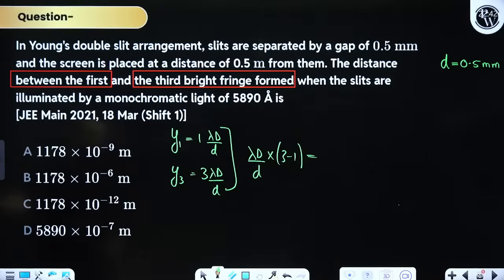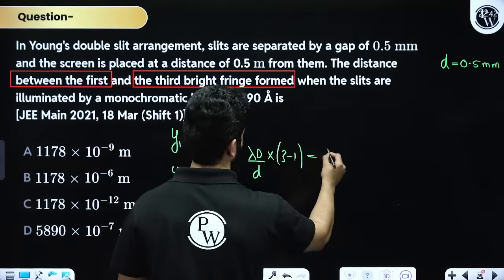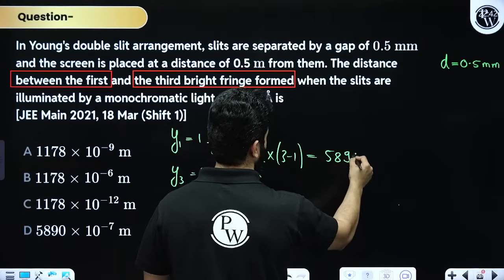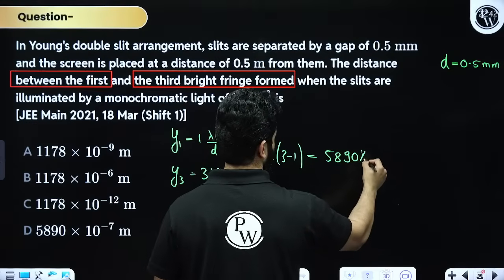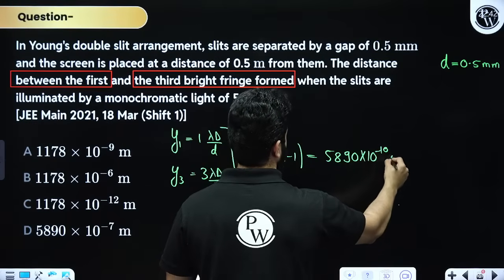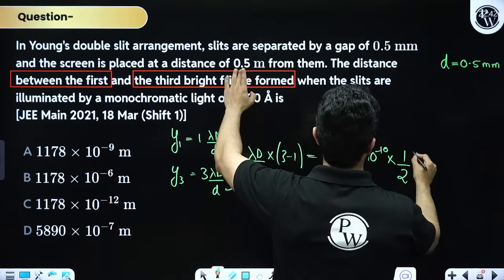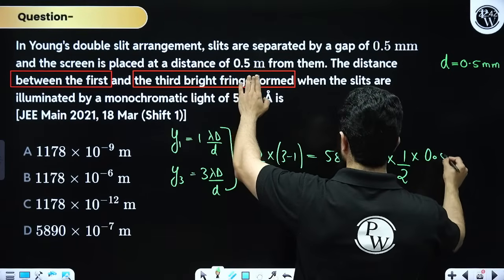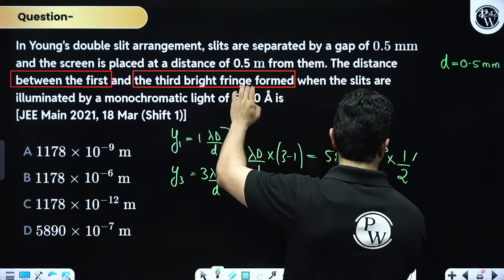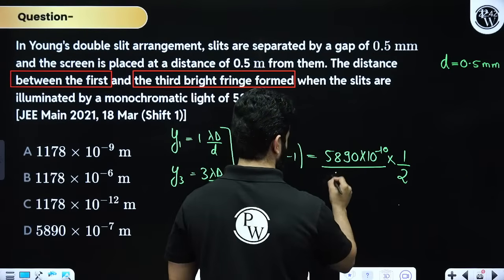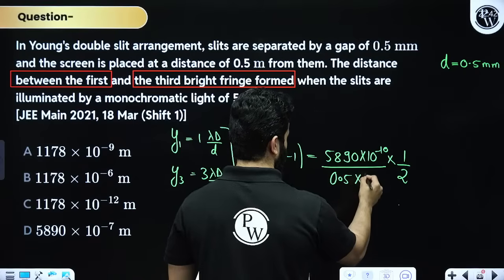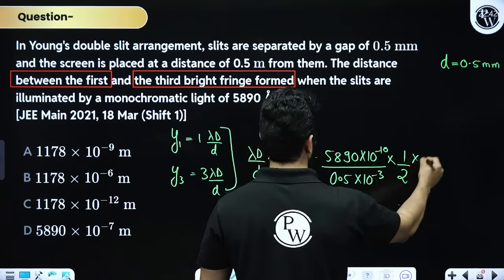So let's put all the values. Lambda is 5890 angstrom, that is 10 to the power minus 10, capital D is 0.5, and small d is 0.5 into 10 to the power minus 3, multiplied by 2.